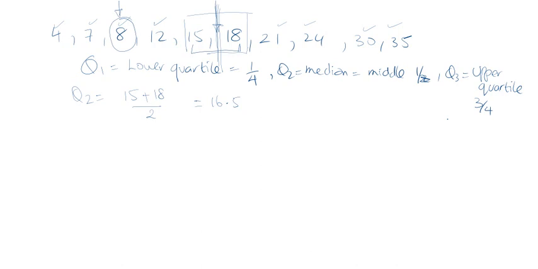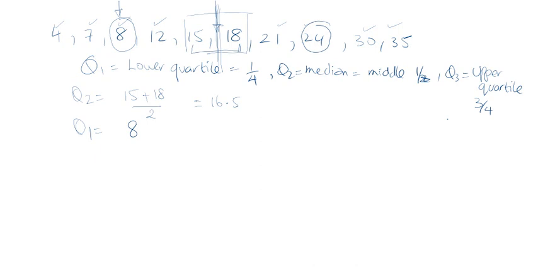So the middle of the data set is the median. Then once you have the left hand side from the median, the middle of that will be the lower quartile. So here the lower quartile, Q1, is actually 8, because you'll see that on the left of 8 you have 2 numbers, and on the right hand side of 8 you have 2 numbers. Now if you focus on the right hand side, you'll see that 24 is the middle of the right hand side.